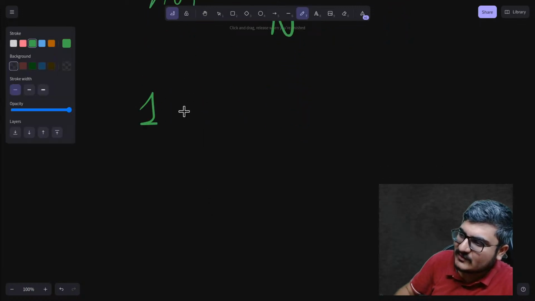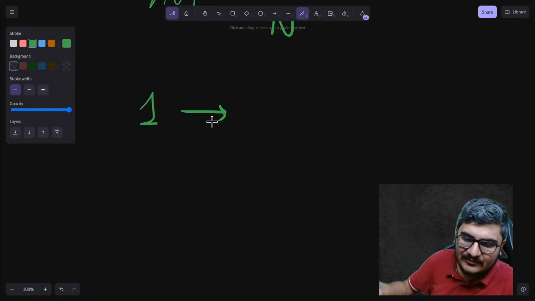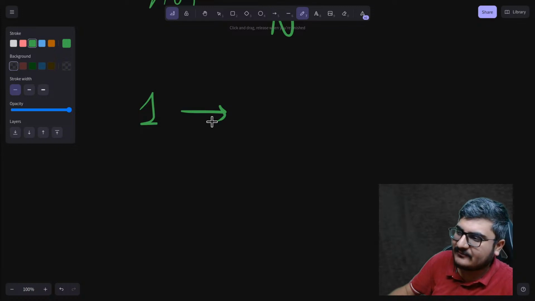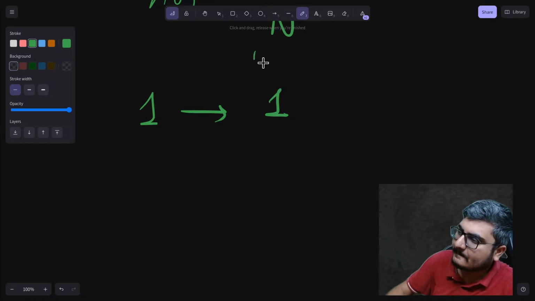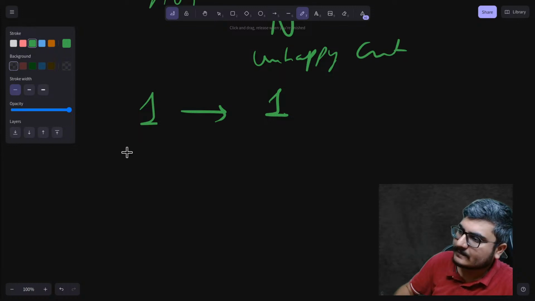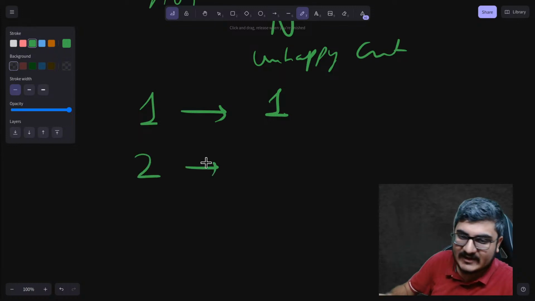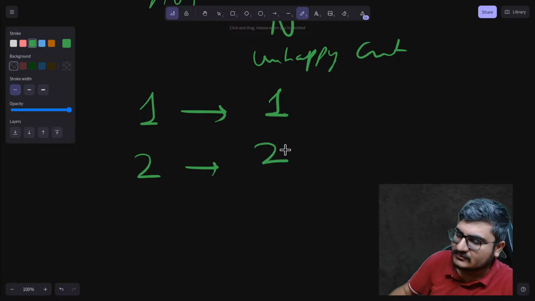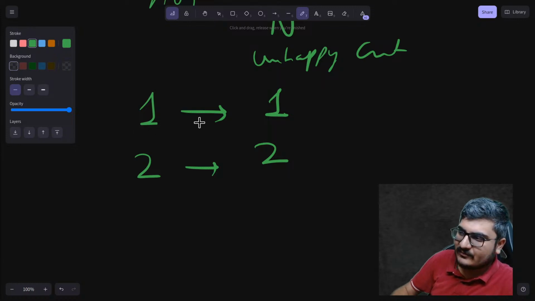If there is just one person, half of 1 is 0.5, more than half is 1 unhappy person. Half of 2 is 1, more than half is again 2. So in case total people is 1, that one person should be happy. In case there are 2 people, both of them should be unhappy.